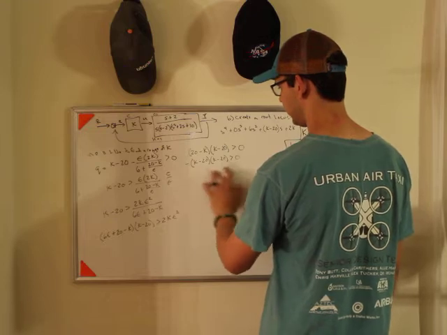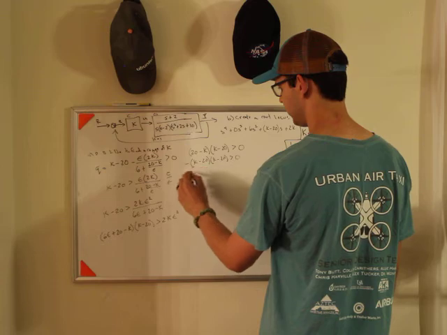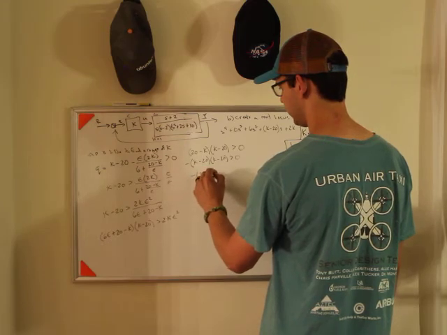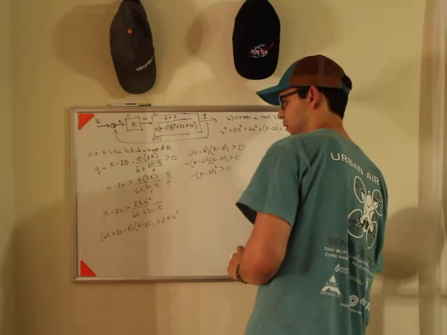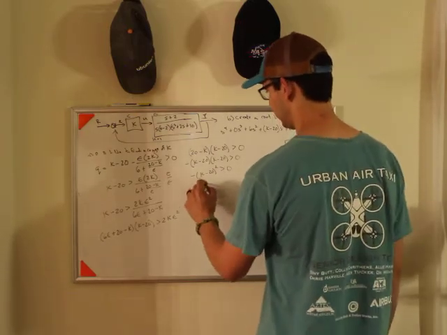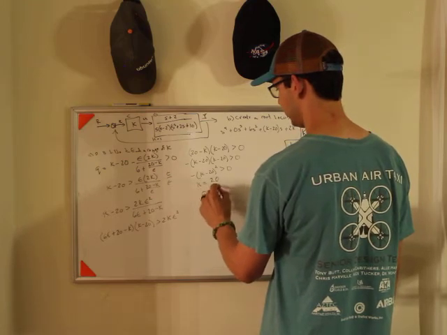The only way that this is strictly negative, no matter what, you're going to get negative k minus 20 squared. And there's no way to make this greater than 0, unless k was equal to 20. And then you would have 0 is greater than 0, which is still not true.